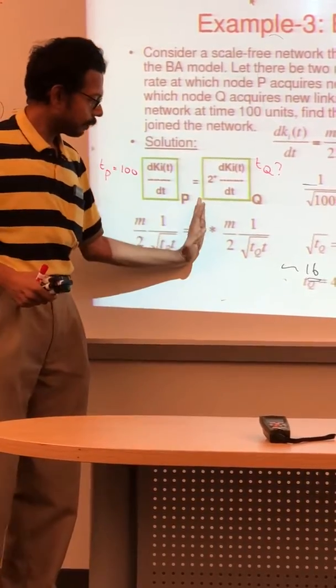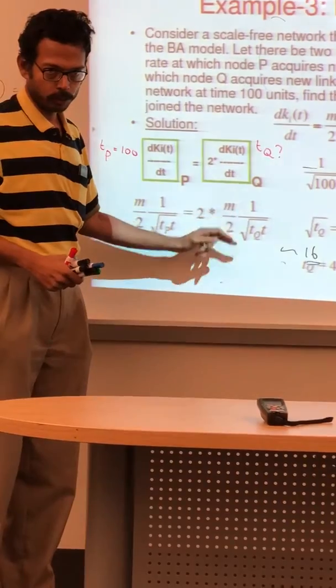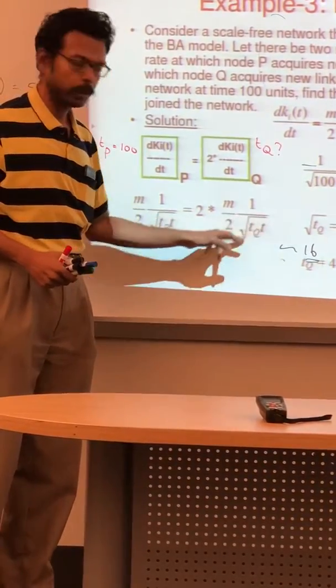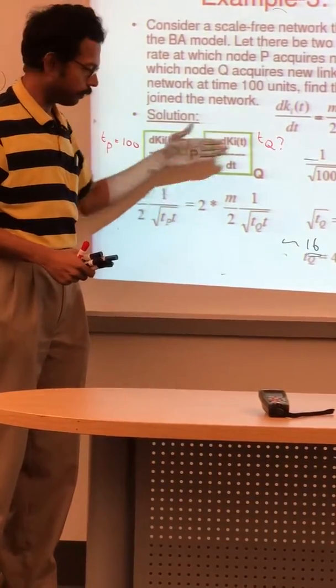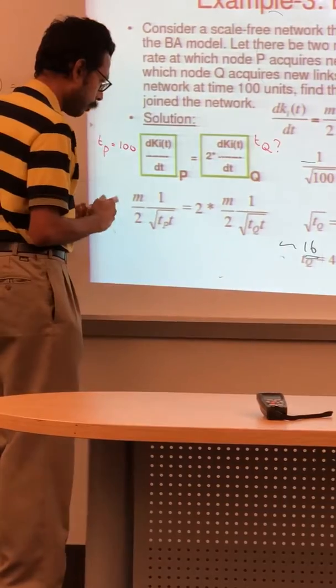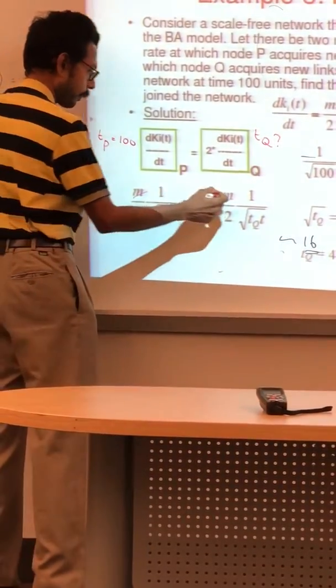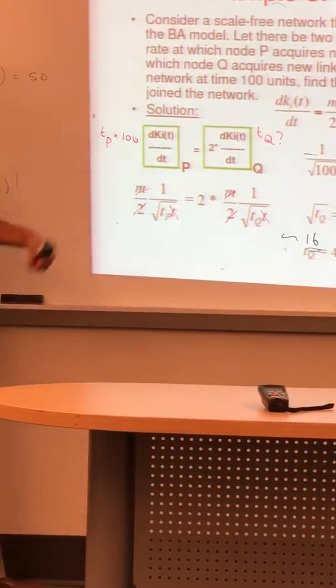And it is 2 times the expression for Q, m over 2, 1 over square root of tq, times t. Is that clear? Just substitute the expression on both sides. Here we can simply cancel out the m over 2, and the square root of t can go away.